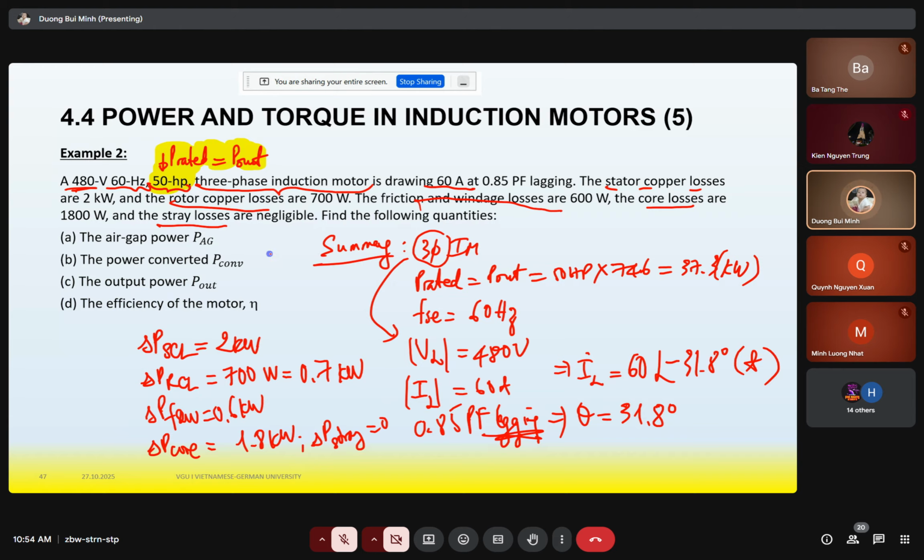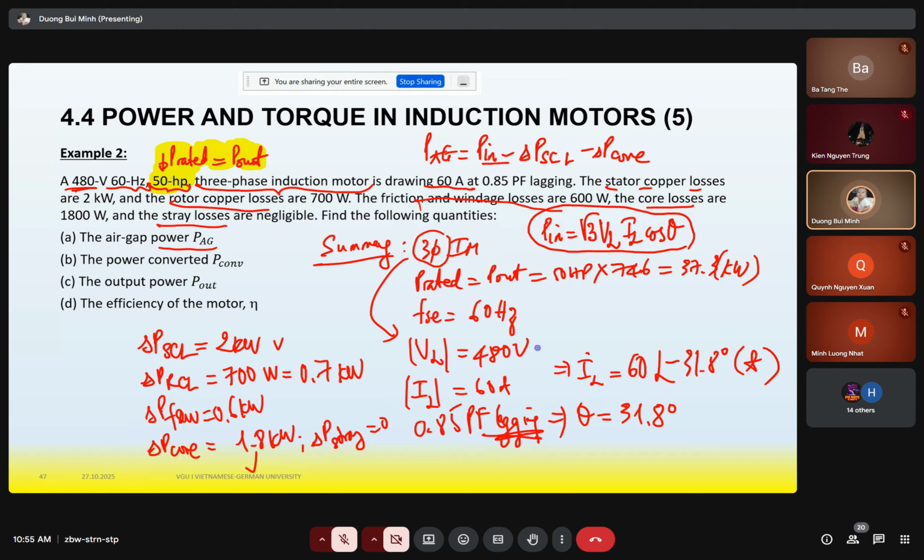Now we find the following quantities: air gap power. Air gap power is P in minus delta P SCL minus delta P core. So we have delta P SCL and delta P core, and we need to calculate P in, right? And we know P in is square root of 3 times VL times IL times cosine theta.